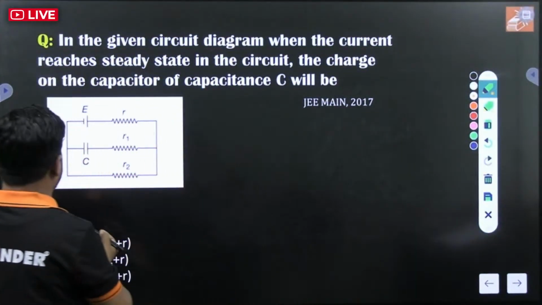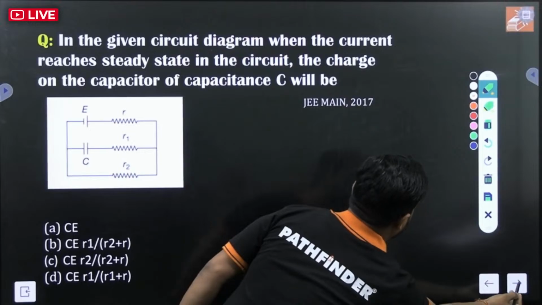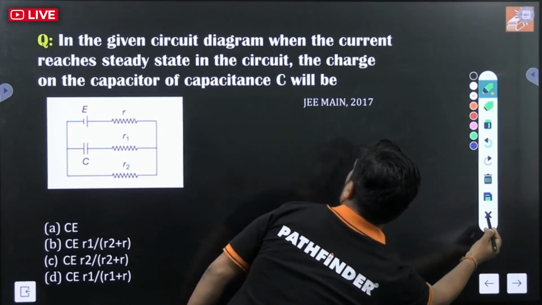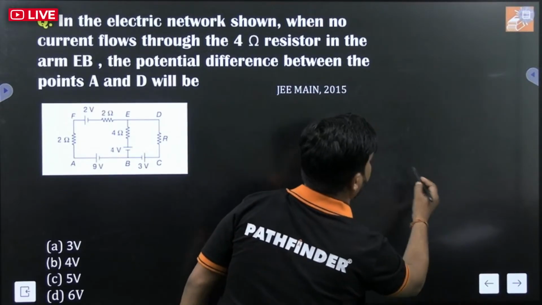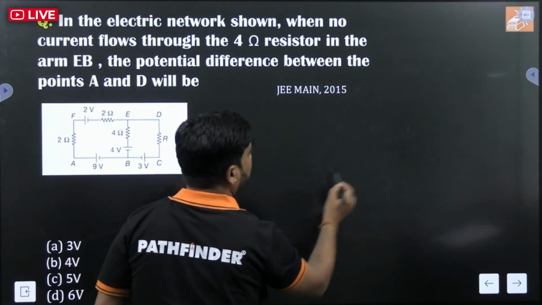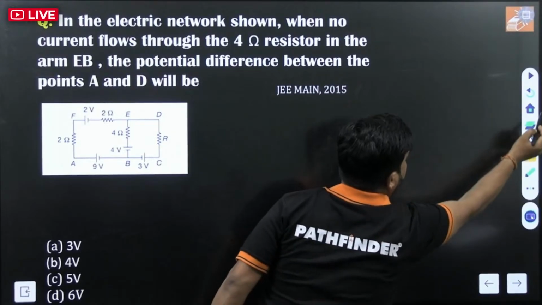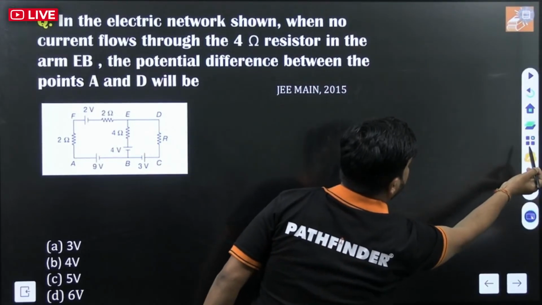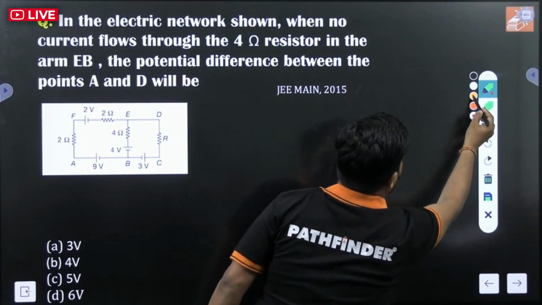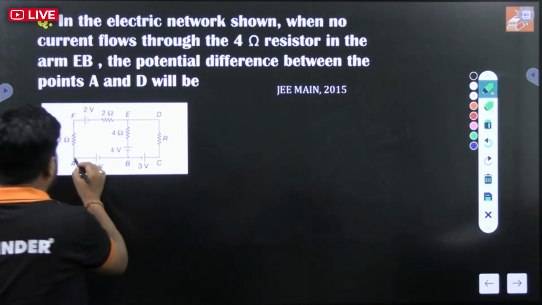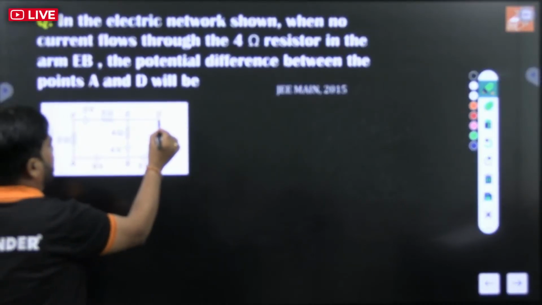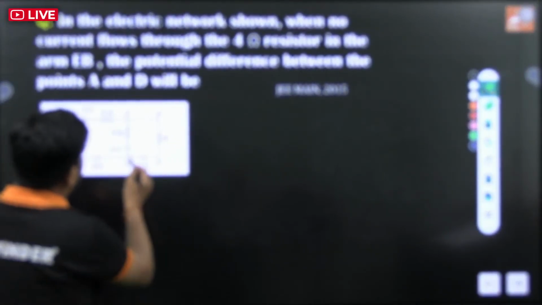You have to find out the potential difference between, sorry. So between this point A and this point D, right, and no current is flowing across this.